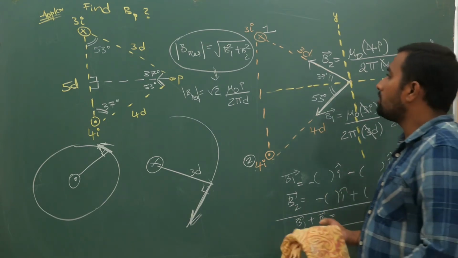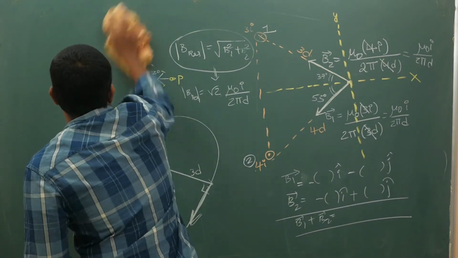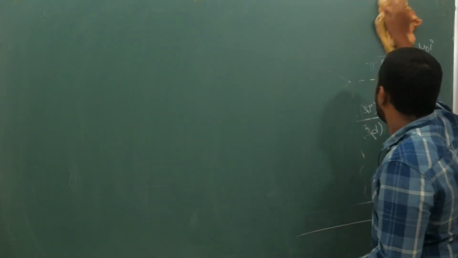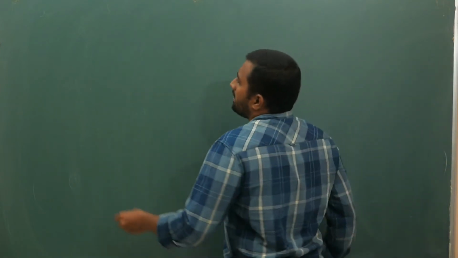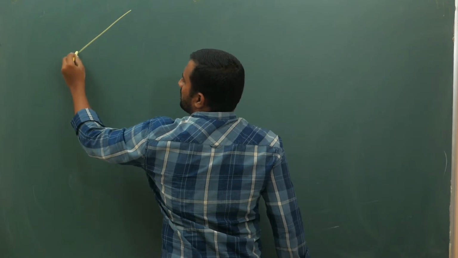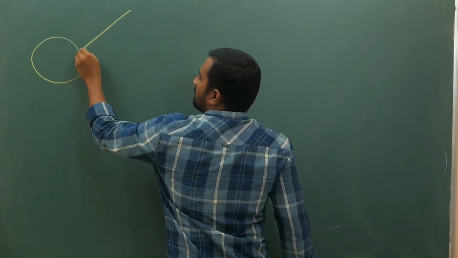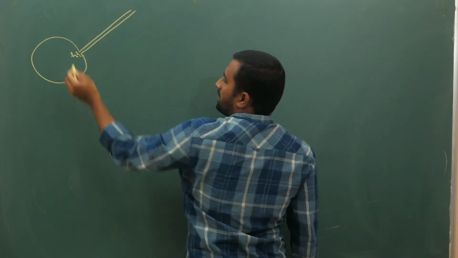Now the next question is, there is a thin walled sheet like this, some kind of sheet, and there is a small slit of gap h.